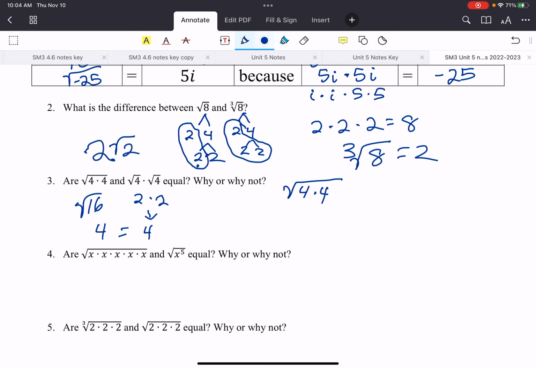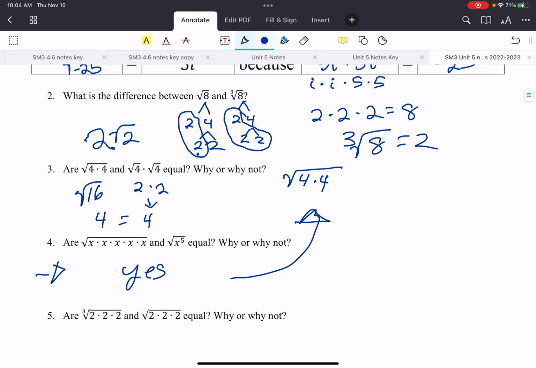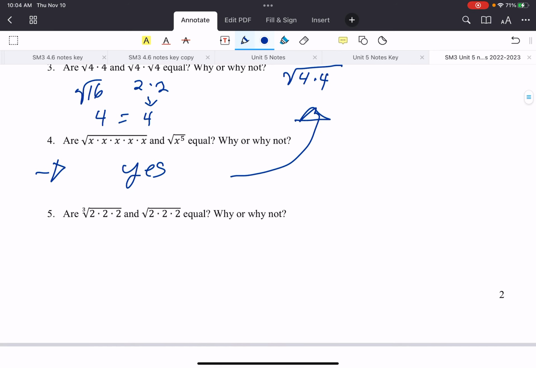So that happens here. Are those equal to each other? Yes. Exactly. What about this one? No, because one's a cubed, one's a square, so not the same.